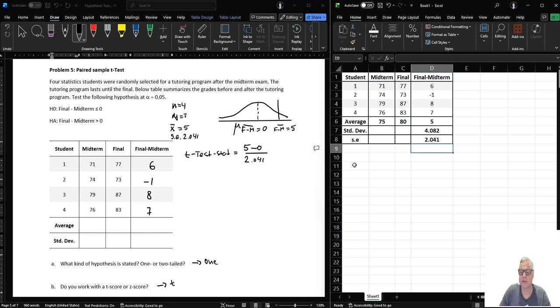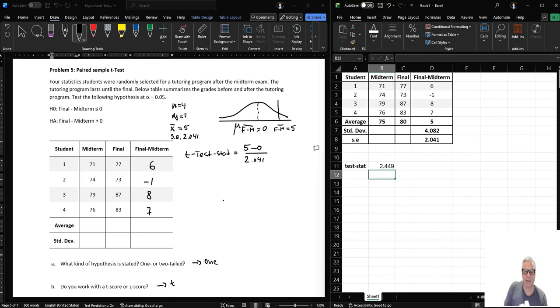So that means our test statistic is equal to the difference of the 5 divided by the standard error. So it's 2.449. So that's our test statistic. So the 5 is 2.449 standard errors above the mean of 0.